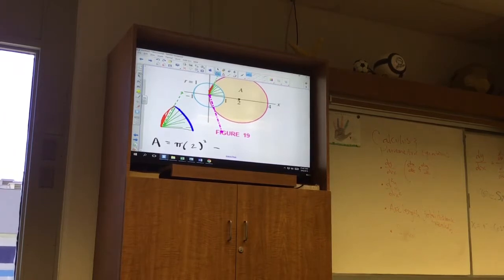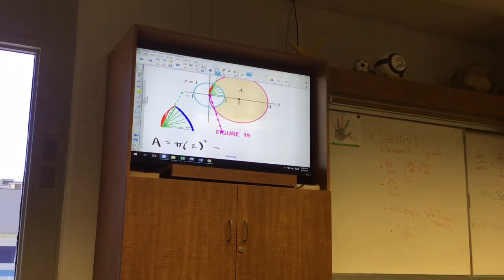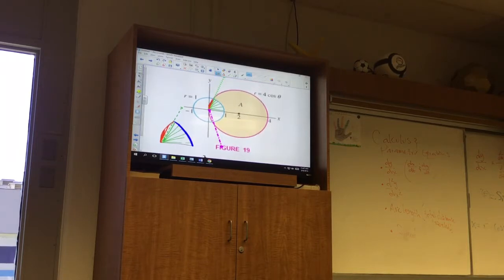Okay, so now let's look at that green little portion. What's that green little portion? Well, first of all, what we need to do is find this theta value. How could we find that theta value?